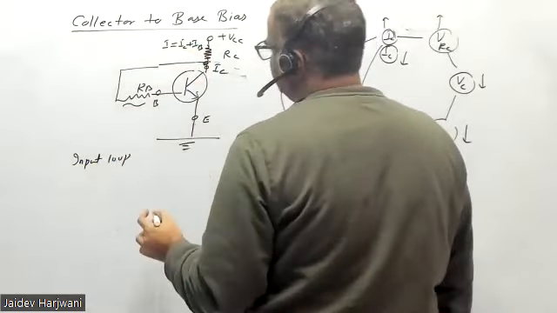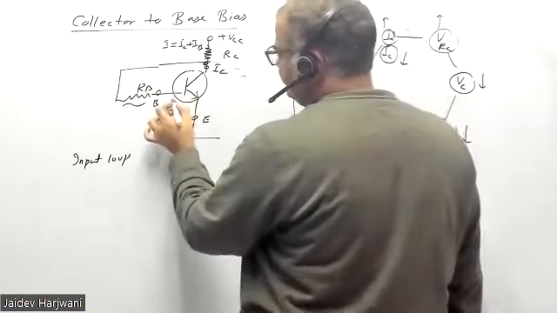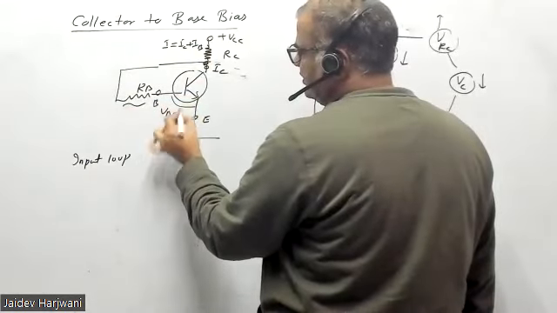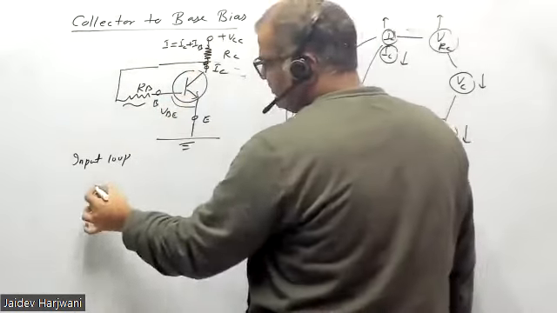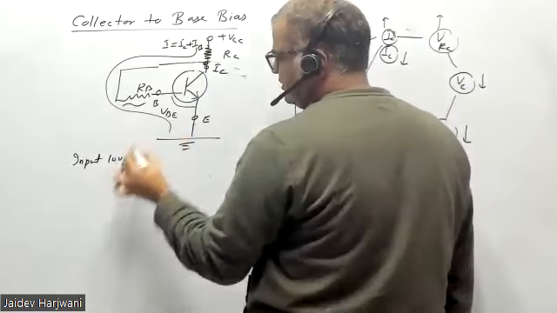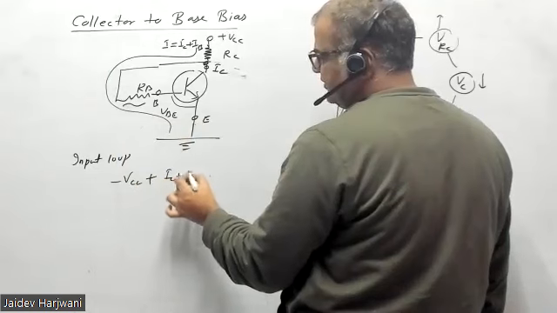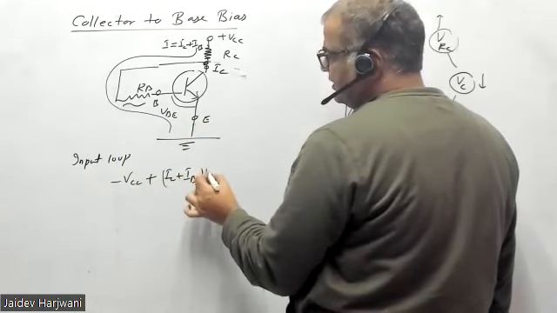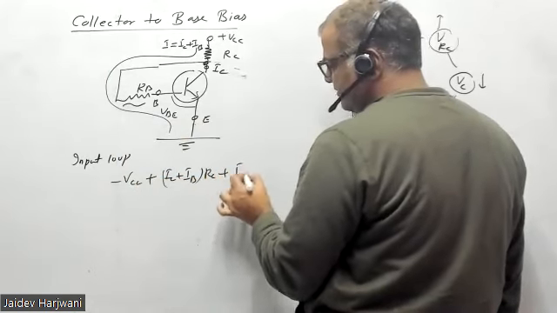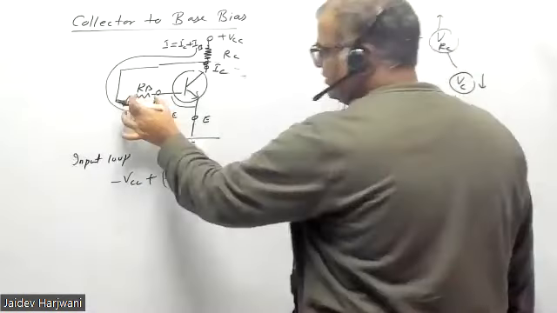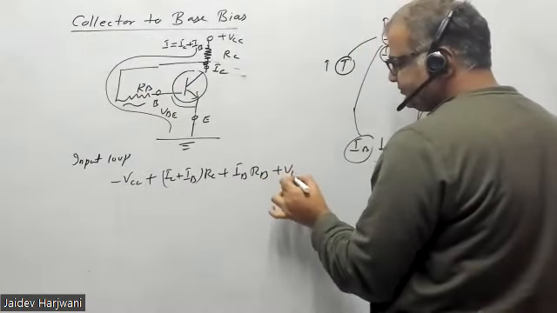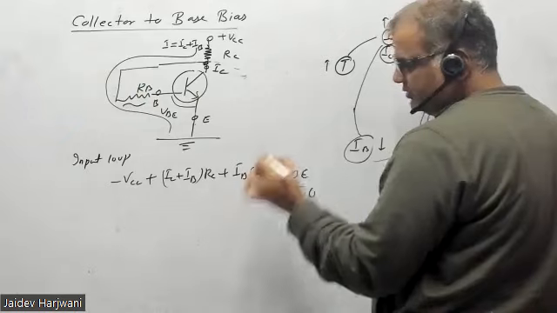This is VB. The current is coming, minus VCC, I'll come from here now. Minus VCC, plus IC plus IB times RC, plus IB RB, plus VB equals 0.